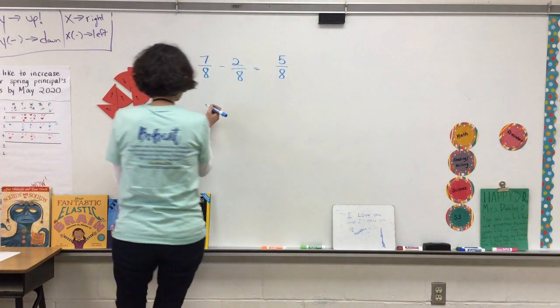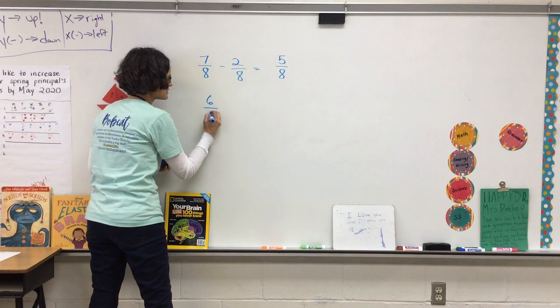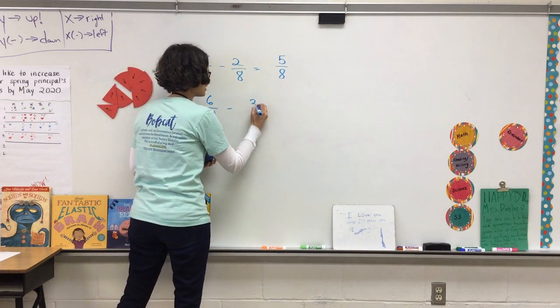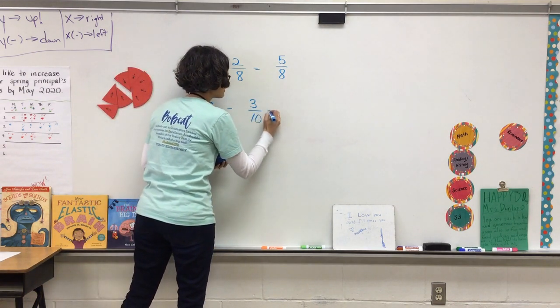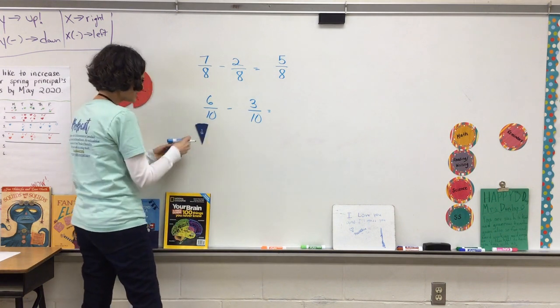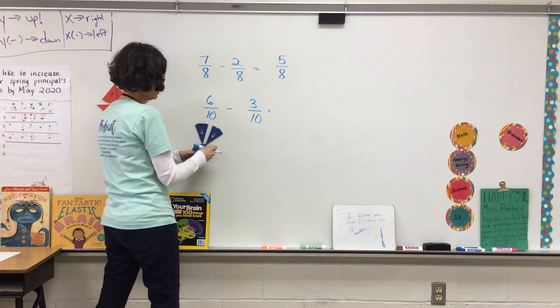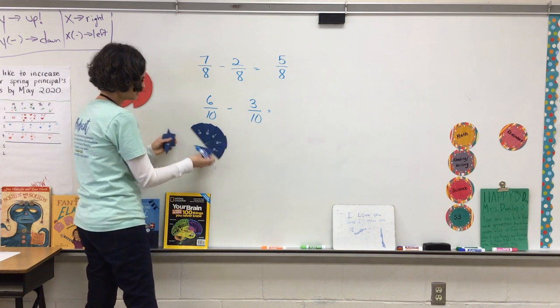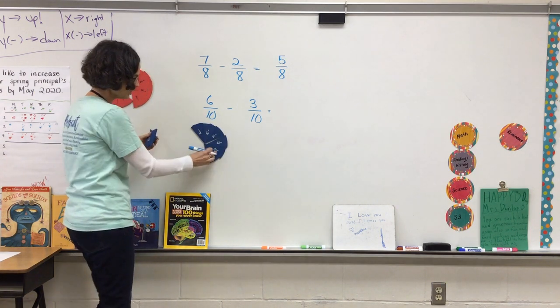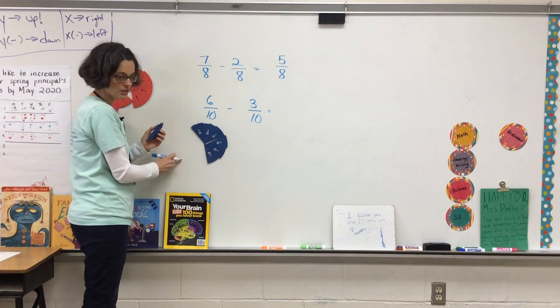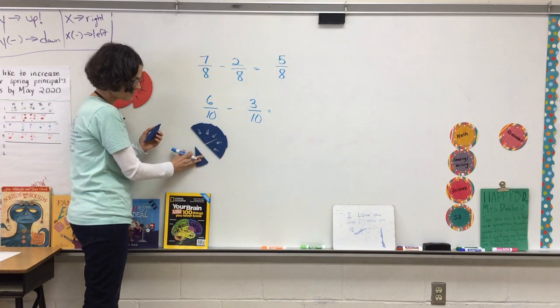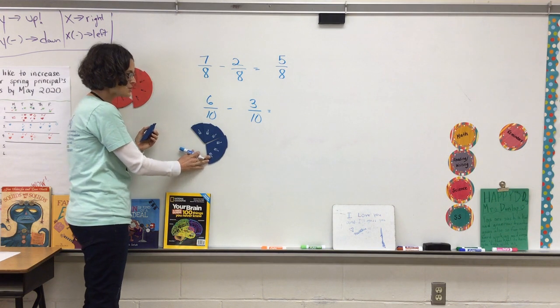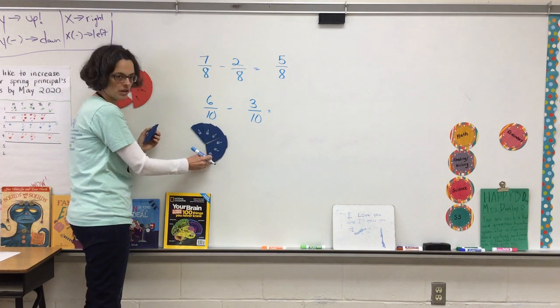Let's try 6/10 minus 3/10. All right, so I'm going to have 6/10, and if you look, 6/10 is really close to half. Look at that, 5/10 would be a half. So 6/10 is what I'm starting with.